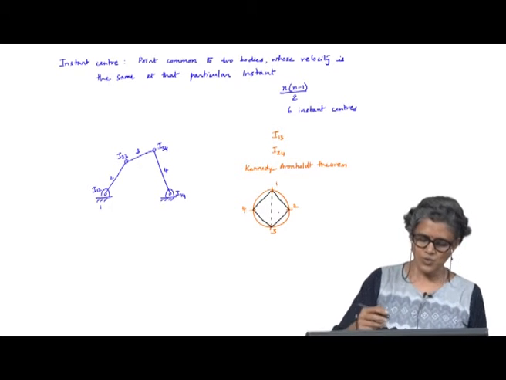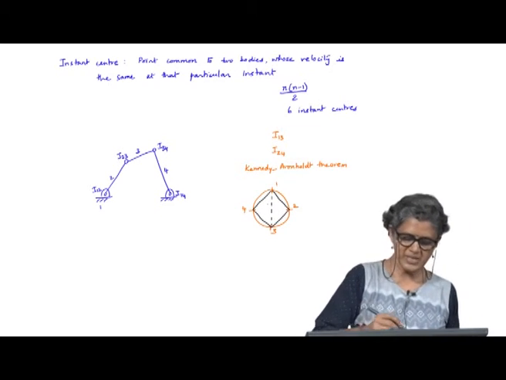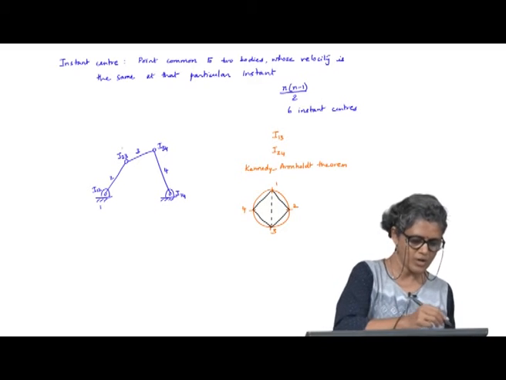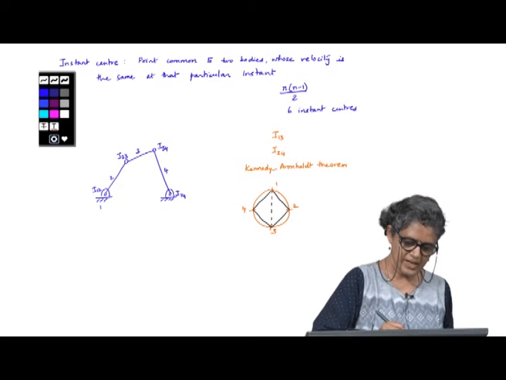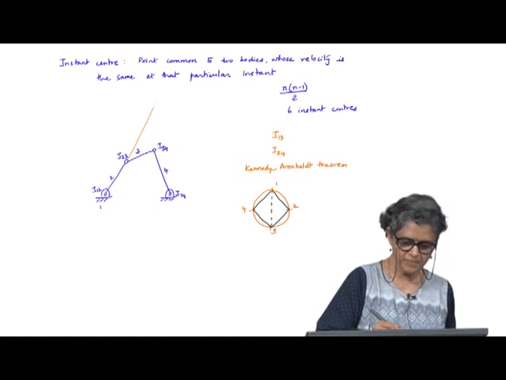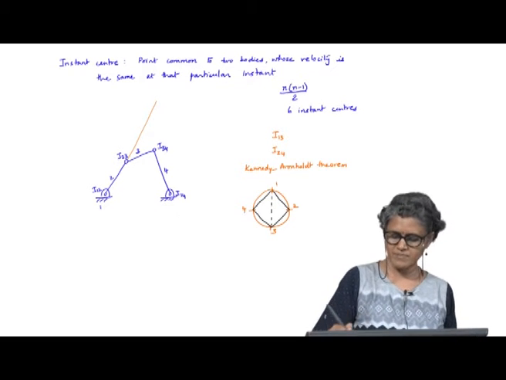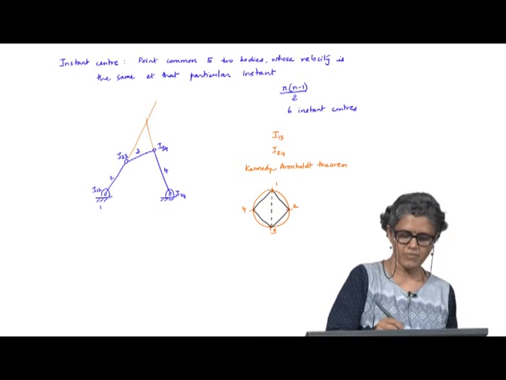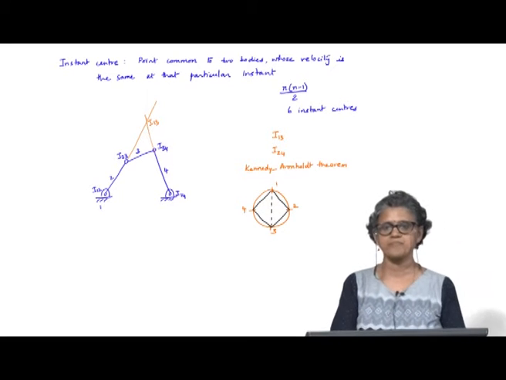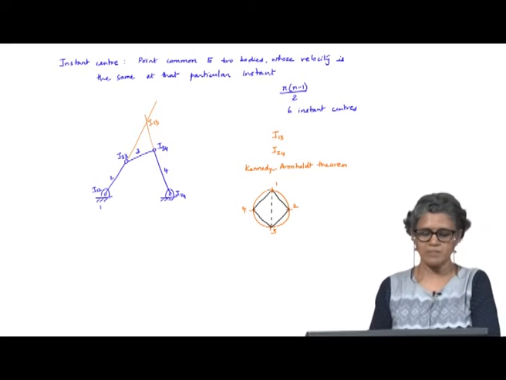So, what that means is I13 lies on the line joining 1 2 and 2 3, and the line joining 1 4 and 3 4. So, this gives me I13. Okay.